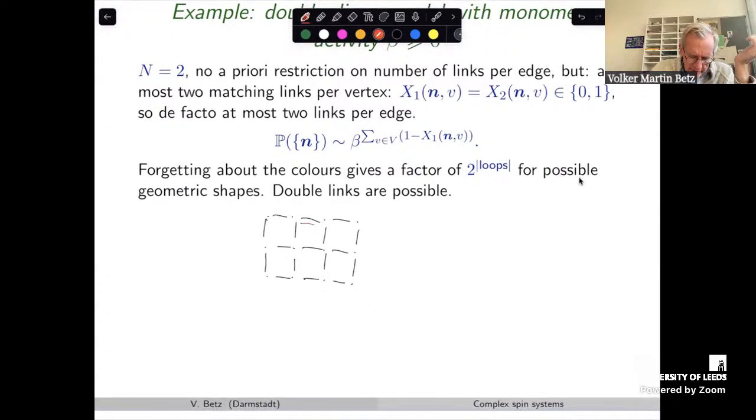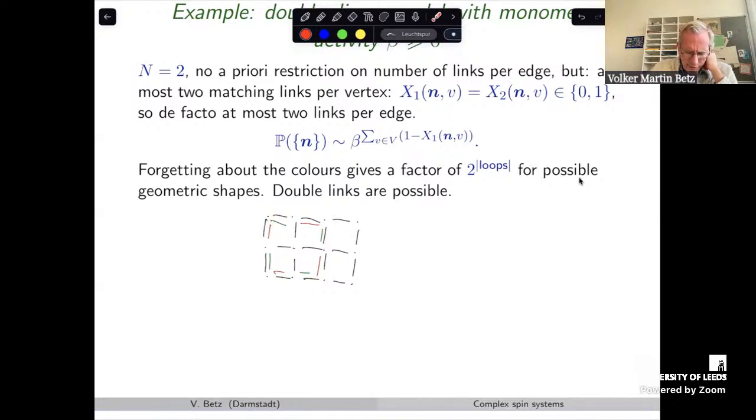So if I have a red edge here, then I need a green edge at the vertex 2. So I have maybe this. And then I have a red edge again here and here. And I need a green edge again here and here. And I have a red edge again. And then I have some sort of a cycle, a loop running around here.